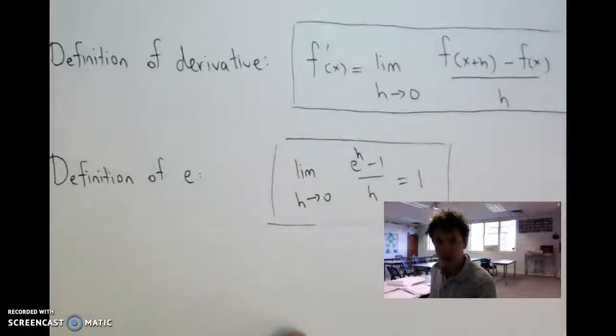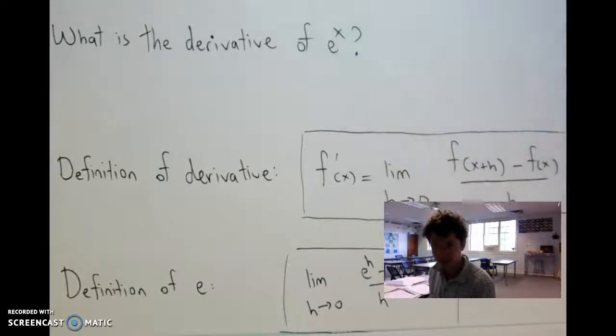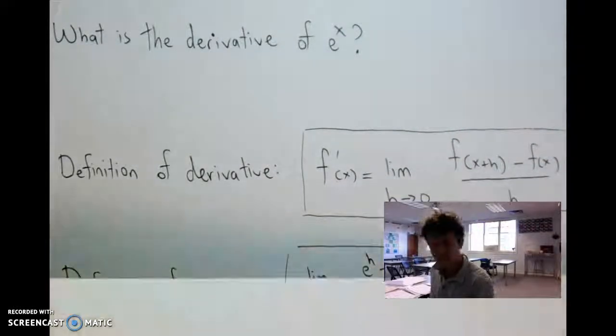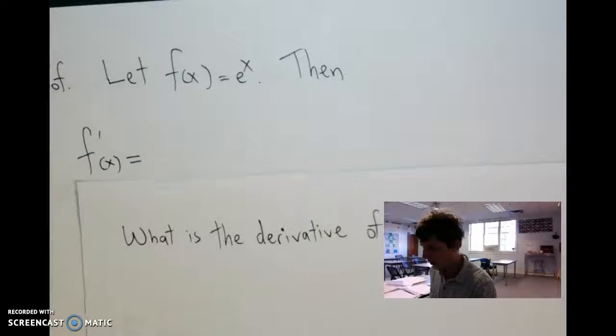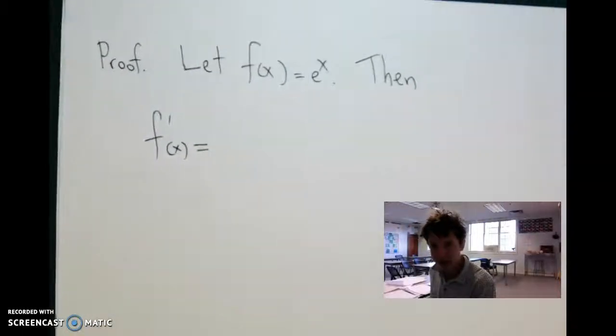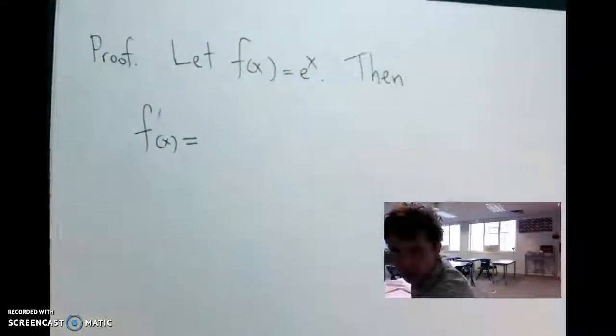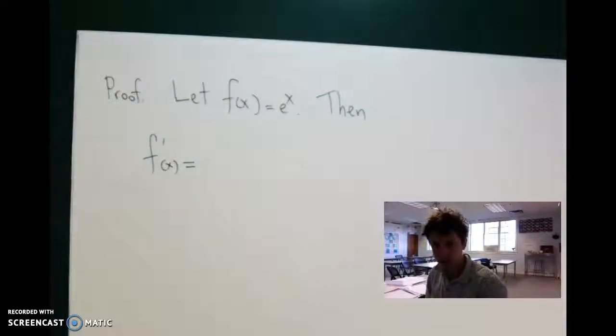We're going to prove that the derivative of e to the x actually equals e to the x. That's the goal here. So here's the proof. First of all, let f of x equal e to the x, then I want to check out f prime of x.